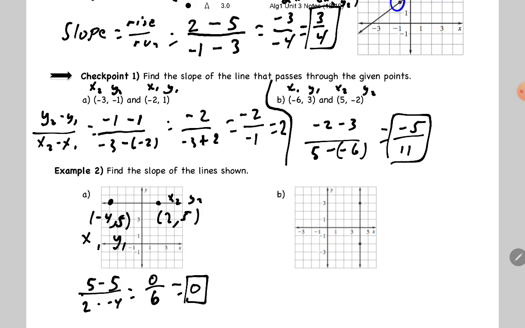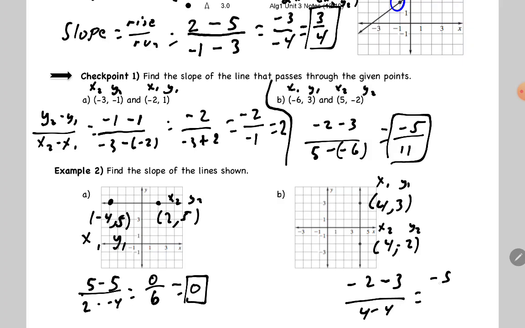So part B, this one is 4, comma 3. And that one is 4, comma negative 2. So let's label them, x1, y1, x2, y2. So I have negative 2 minus 3 on top, and then on the bottom I have 4 minus 4. I'm dividing by 0, which we are not allowed to do.